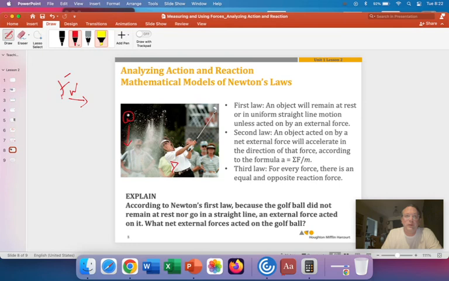Maybe the golf ball itself is spinning because I messed up my swing so much, and the spin is generating air resistance and the air is causing the ball to go sideways and back into the bunker.